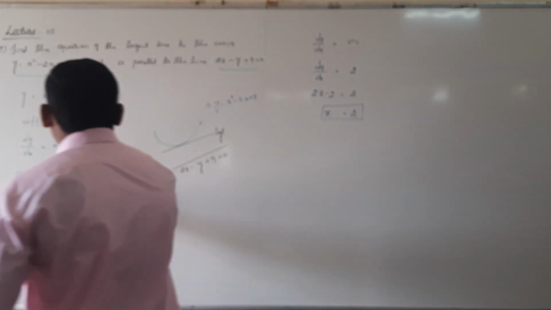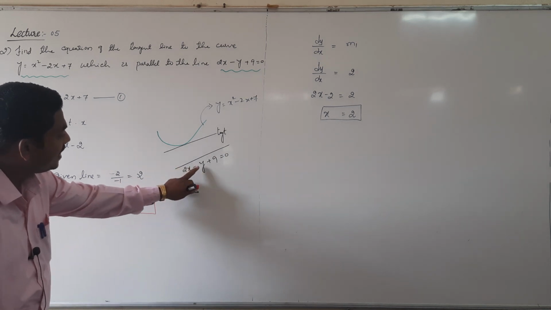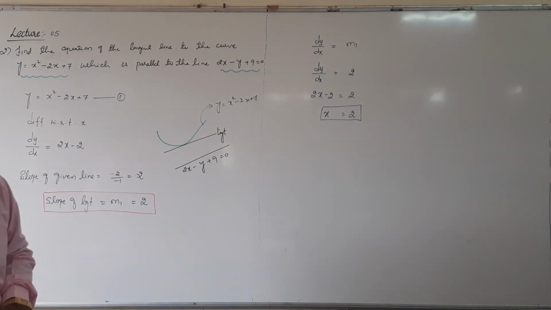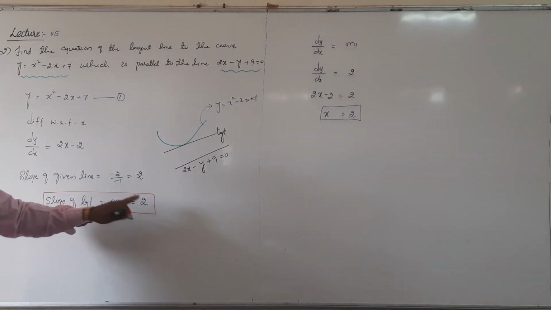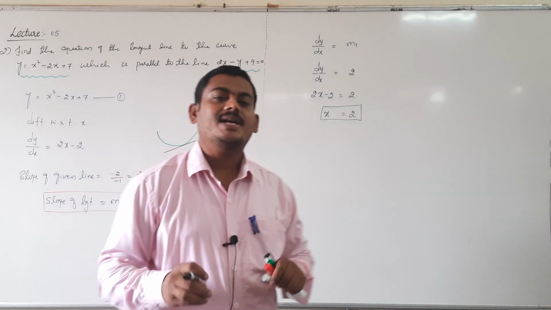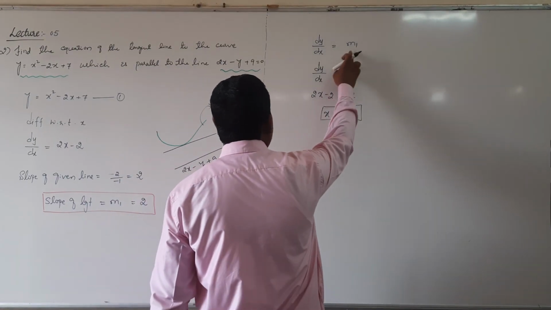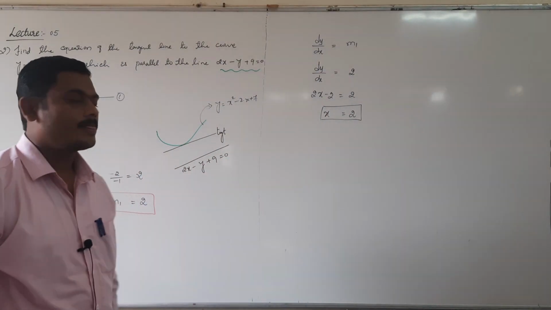The slope of the tangent line is the same as the slope of the given line. Why? Because the tangent is parallel to the given line. Then we get the slope of the tangent. By using the slope of the tangent, find one point on the curve by equating dy by dx to the slope.